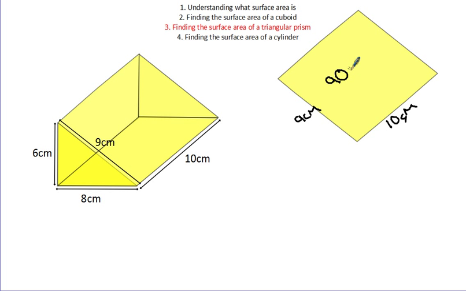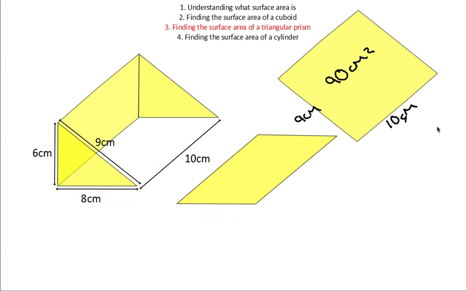That gives us 90 centimetres squared, whereas the base of the triangular prism has 10 centimetres as a length, and then this length here is 8 centimetres, and so that gives us 80 centimetres squared for that face.